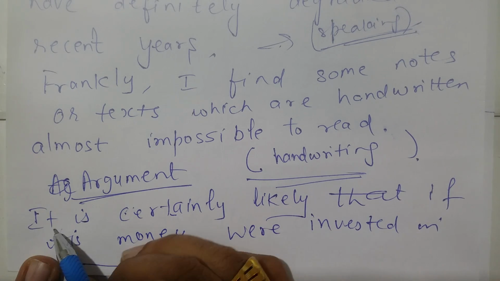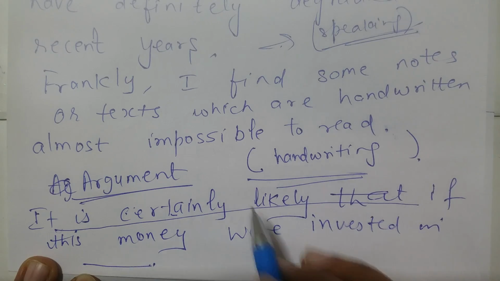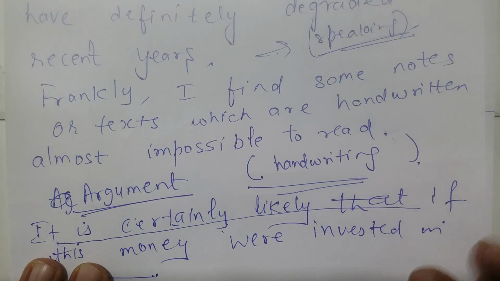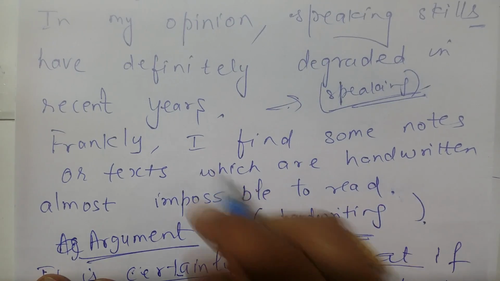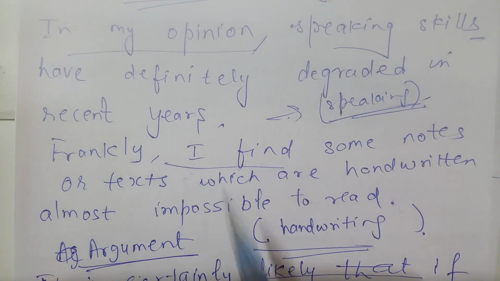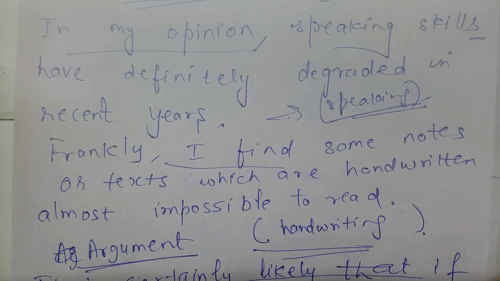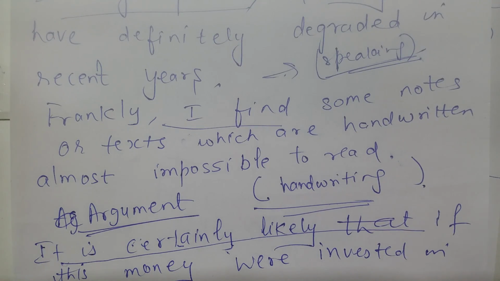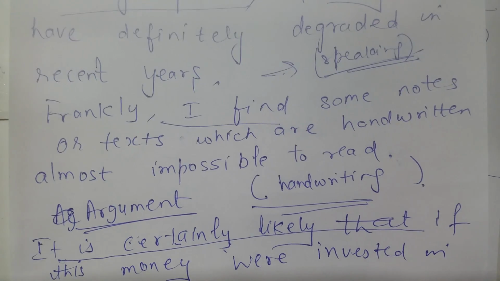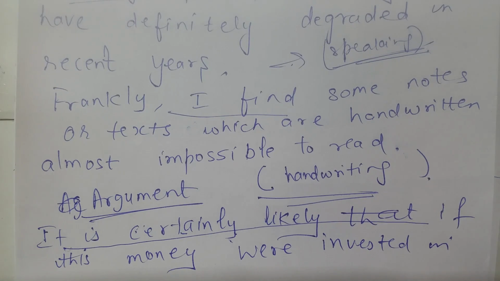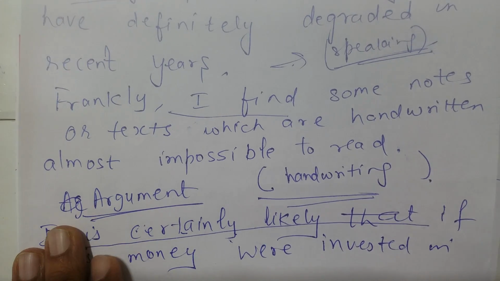These words, it is certainly likely that, are part of the argument, and these words that I find, in my opinion, are part of my thesis statement. So this is your thesis statement, my dear, right? And this is the example of the argument-led approach. So this is a point here.